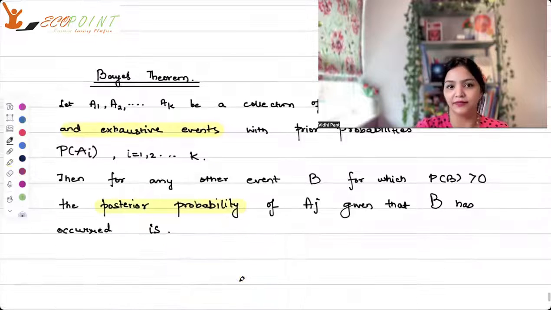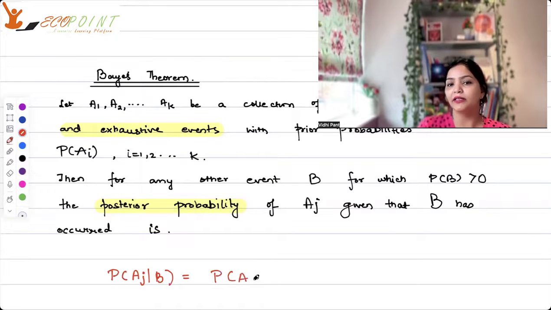Now understand this, it is a conditional probability: probability of AJ given B has occurred. This will be equal to probability AJ intersection B upon probability B.